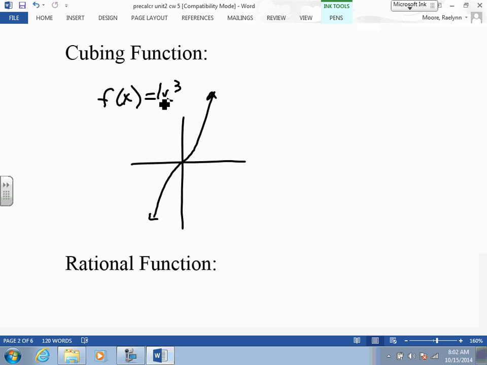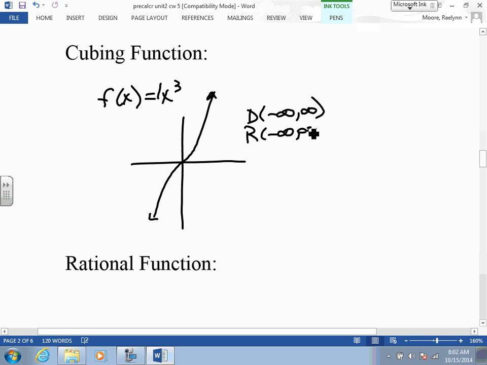When it's negative, it's a reflection, it will go the other way. So this is your basic core graph for your cubing function. Your domain is all real numbers, and what's your range in this case? All real numbers. Good. So the nice part about this one is if we do a transformation off of this, we're not going to affect the domain and the range.